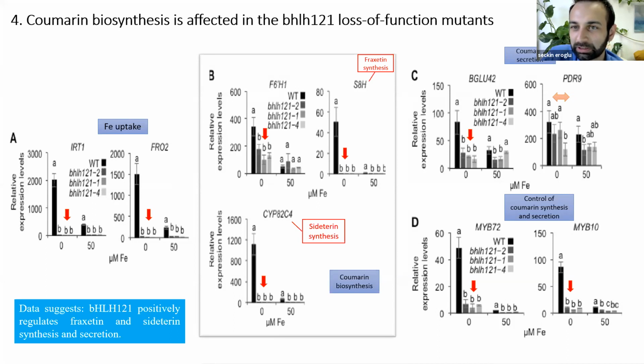They also want to see at the protein level if something is wrong, and then they looked at these chemicals, and they see that these are also problematic. Yeah, we will see the coumarins in the next part too. Experiments related to them are trying to explain why the mutant is chlorotic and cannot take up enough iron.